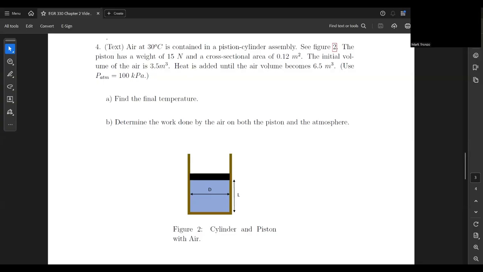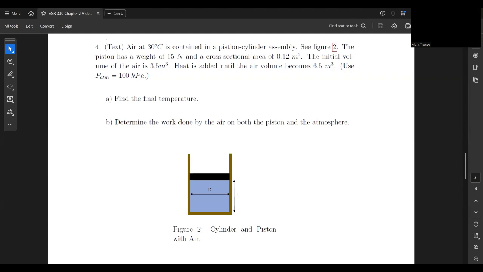Next, let's consider this problem. This problem is from the textbook. Air at 30 degrees C is contained in a piston cylinder assembly. See figure 2. The piston has a weight of 15 newtons and a cross-sectional area of 0.12 meters squared.